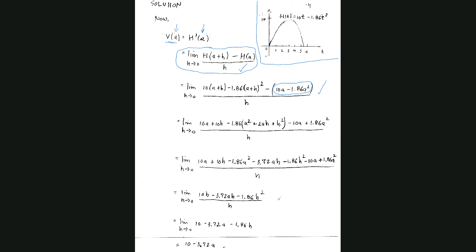And then h of a plus h would be 10 times a plus h minus 1.86 times a plus h quantity squared. This is something you've done in the past. When you learned about functions, you sometimes would put interesting expressions in for the variable and might wonder, well, gee, why do I need that? Well, here's an example where you're actually using it.